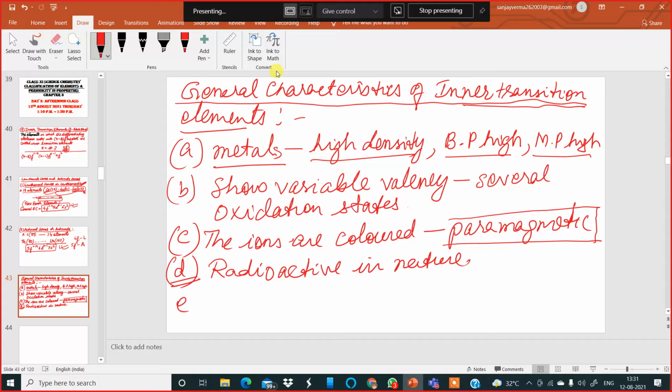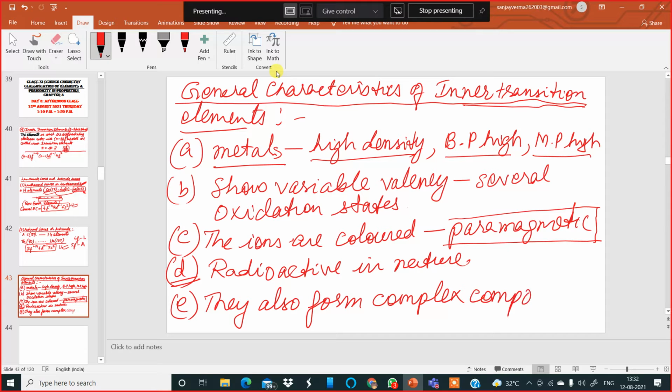And also, a similar property with regard to transition elements, they also form complex compounds. The inner transition elements also form complex compounds. So these are some of the general characteristics of inner transition elements which I have explained just now.